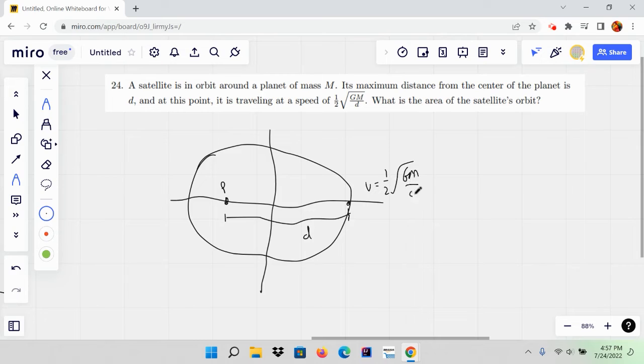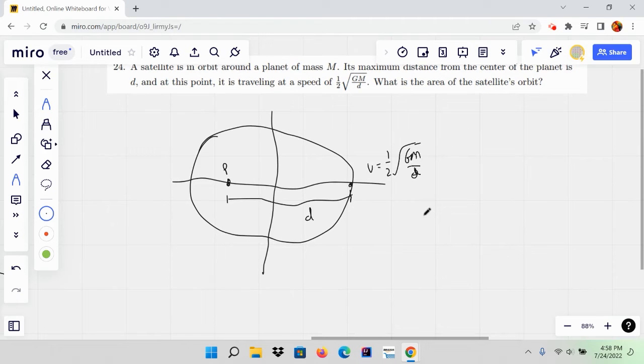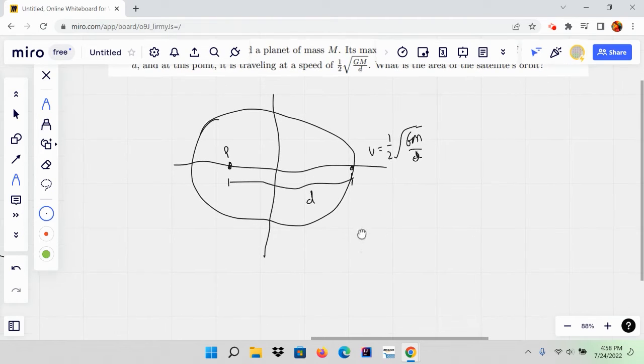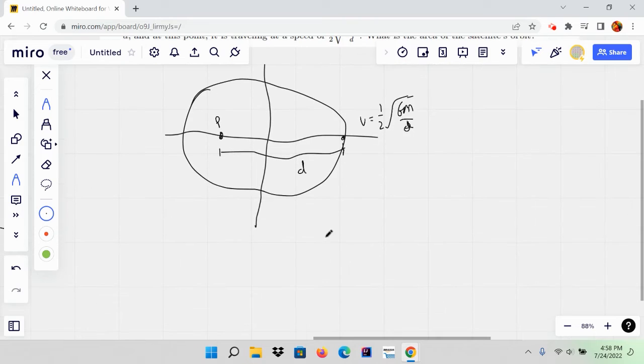And for these types of questions where it tells you the velocity at a certain point, you can use the vis-viva equation, which says v squared is equal to GM times 2 over the distance you are from the planet, minus 1 over the semi-major axis.